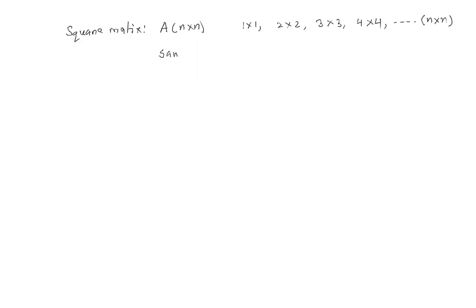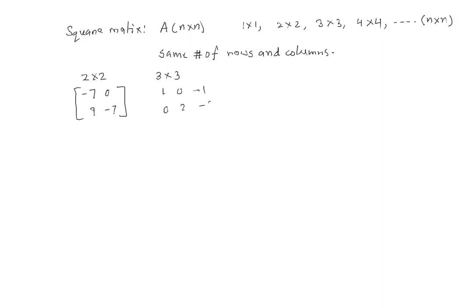So a simple example is a 2 by 2 square matrix: -7, 0, 9, -7. 3 by 3 is going to be 1, 0, -1, 0, 2, -2, 3, 0, -1.